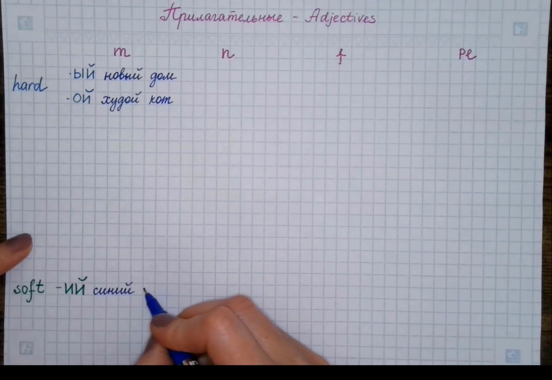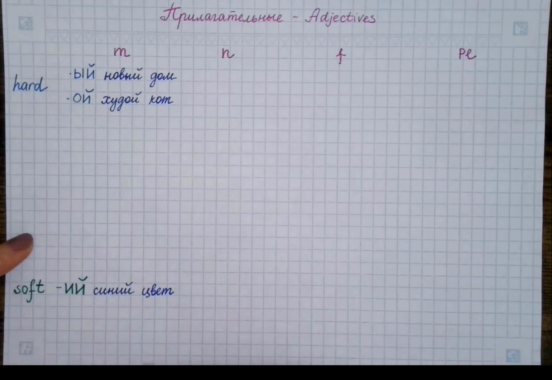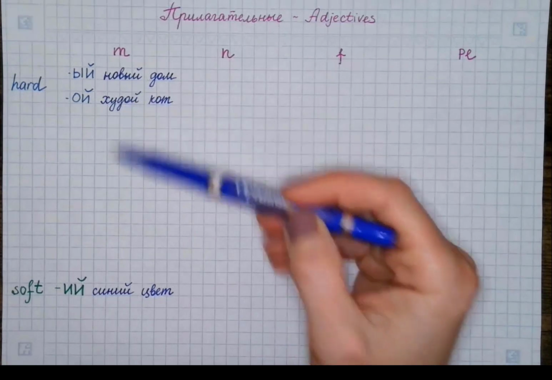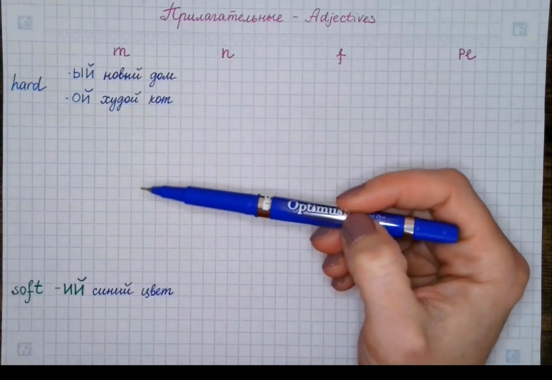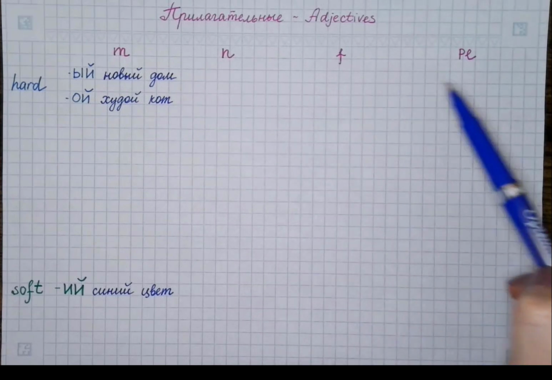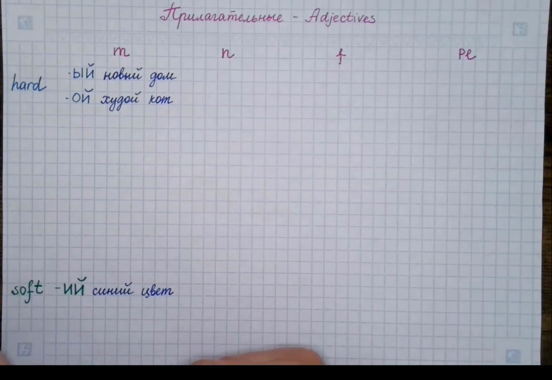Синий цвет means blue color. So once you know the default forms, and these are the ones that we learn by heart when we learn the vocabulary, you will be able to change them into neutral, feminine, and plural, and later, not in this video, but later we'll learn how to change them into different cases.